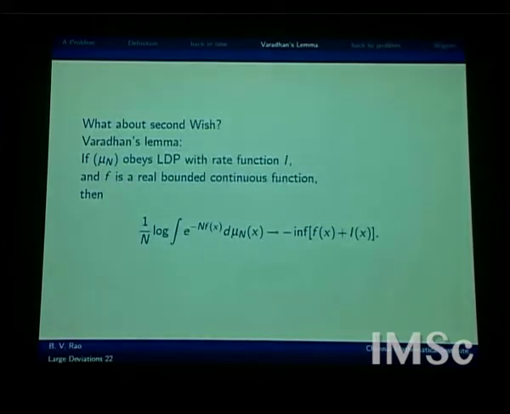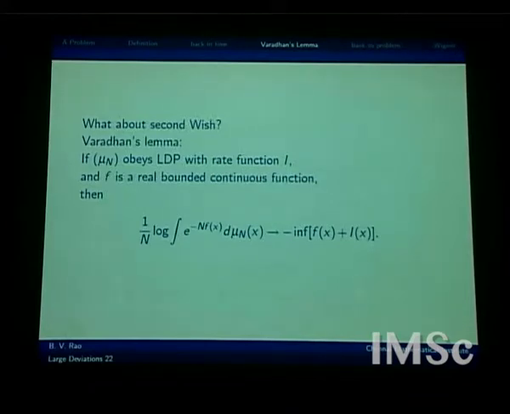So, in other words, you do not have to pretend that mu n is like e to the minus n I(x), put it there and then pretend LP norms are going to L infinity norm, etc. This theorem tells you all that is valid, for any bounded continuous function.